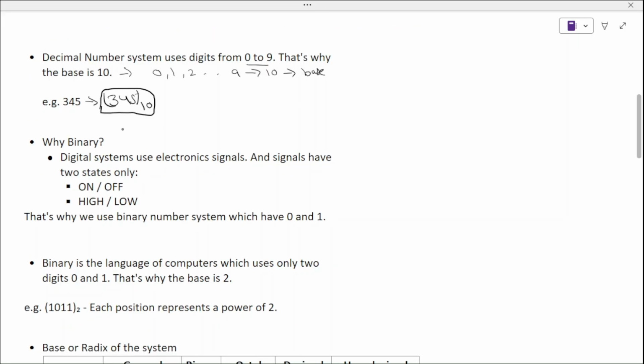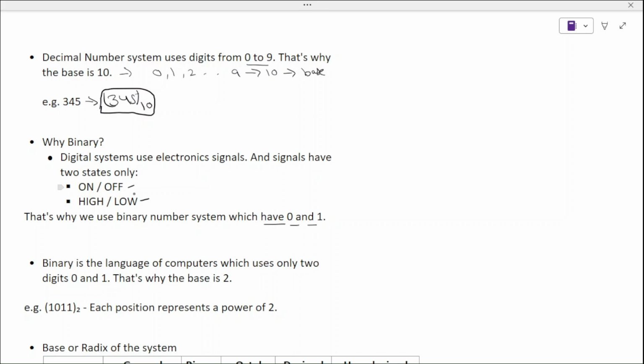And so now the question is, why do computers use binary instead of decimal? Computers work using electronic signals only, right? And electronic signal mainly has two states only: on, off, high, low. That's why we use binary number system which has 0 and 1.